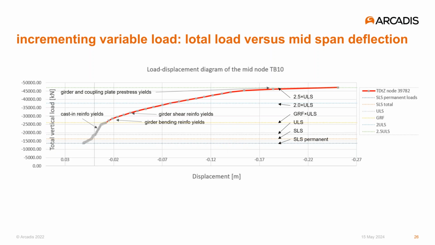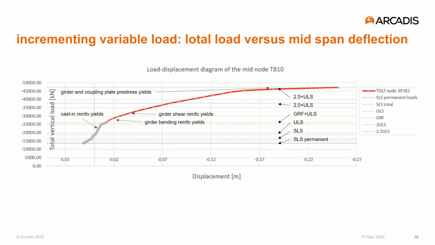All other dotted lines are several load levels from the serviceability limit state via the ultimate limit state and the global resistance factor level to, in the end, 2.5 times the ultimate limit state load level.